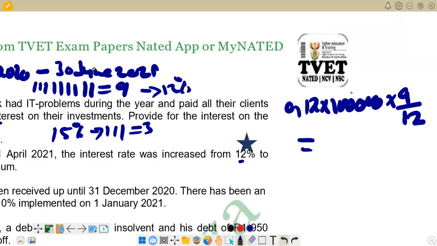So if you calculate it as it is, let's try to make the calculation there. We are going to say 0.12, and then we multiply by 100,000. Then you multiply by 9 over 12.